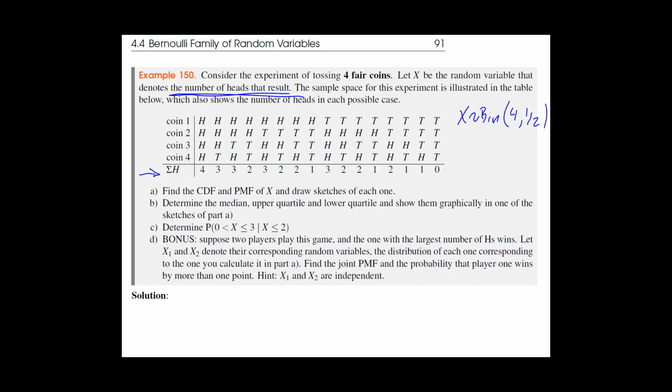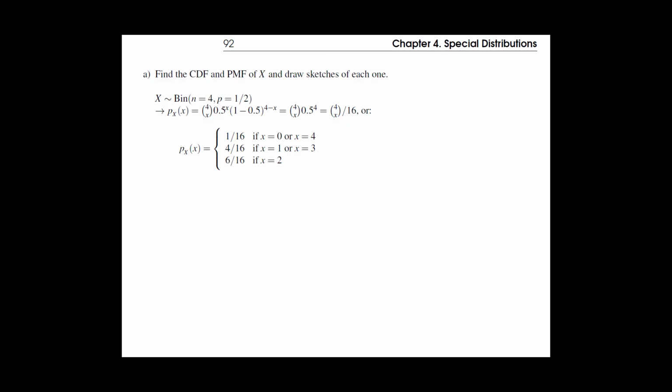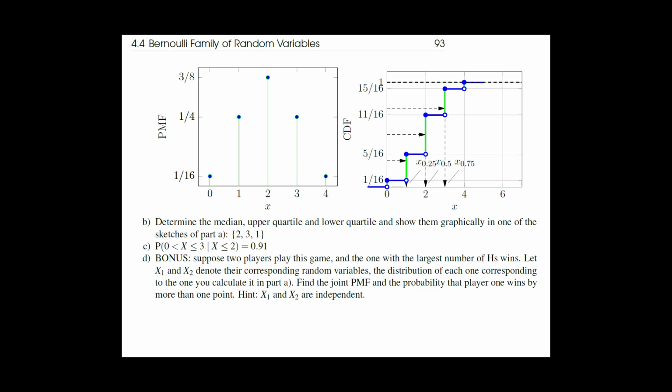Let's see. Part A is simply this one. It's just applying the same formulas, but with the numbers p equals 1/2. And then we can plot them as we did before, the PMF, then the CDF.